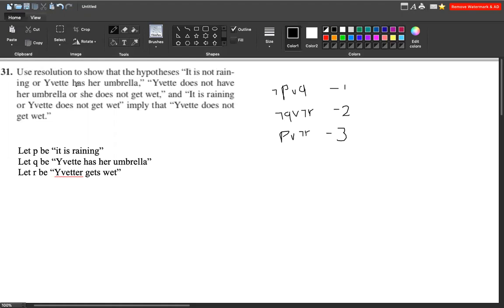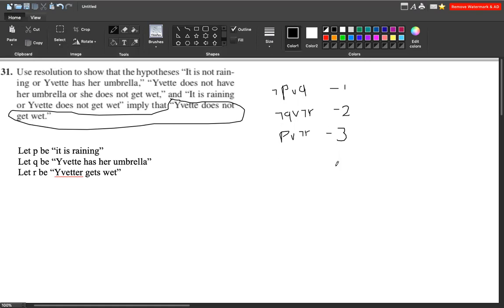So it is not raining, this is the first one. She has an umbrella, second, and it is not raining, this is the third one. We are supposed to find out if these premises are true, so we assume that these premises are true.